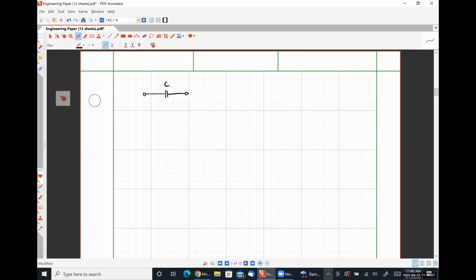So here's our capacitor C, over which a voltage Vc of t will occur, and through which a current of Ic of t will flow. If Vc and Ic are sinusoidal quantities, then we'll have Vm cosine omega t plus theta V for our voltage, Im cosine omega t plus theta I for our current.